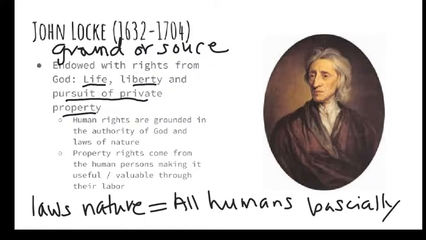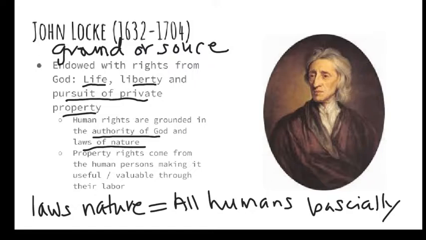We may not all be the same level of intelligence, or we may end up having different social status, but the general idea is we're all created equal in the state of nature, and no one has the right to control another. So in his understanding, rights are grounded in the authority of God and the laws of nature. And ultimately, he also believed in the right of private property.